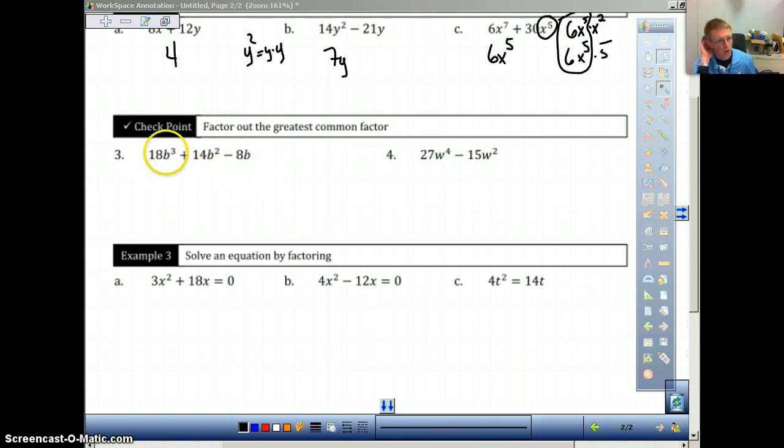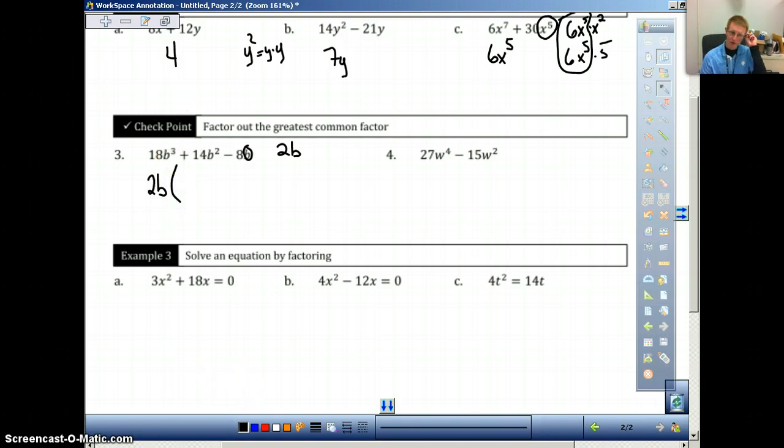You want to find the largest number that goes into all three of those. From the looks of it, I think it's 2. So our greatest common factor is going to be 2. And then we look at our b's. We look for our lowest b, so it's just going to be a regular 2b. What does that mean? It means that if we have a common factor that can be pulled out of each term, 2b is now going to go on the outside.